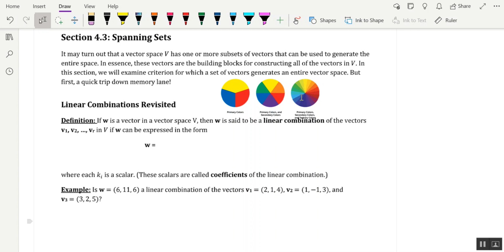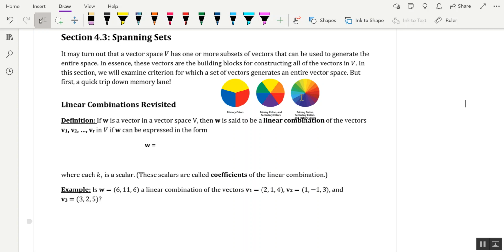When we form certain mixtures of colors, we are basically creating a linear combination of what can be thought of as vectors. You can kind of consider the colors red, yellow, and blue as vectors, and as we form linear combinations of those vectors, we get other vectors that make up the spectrum of colors.